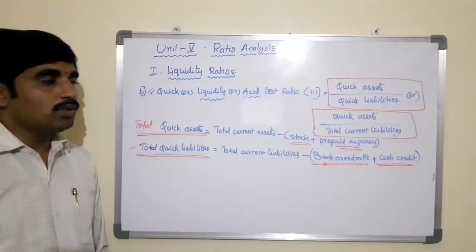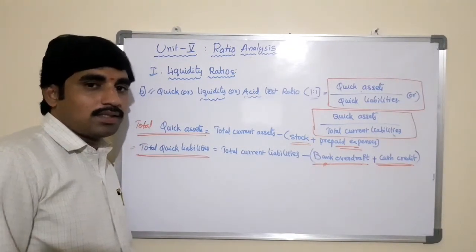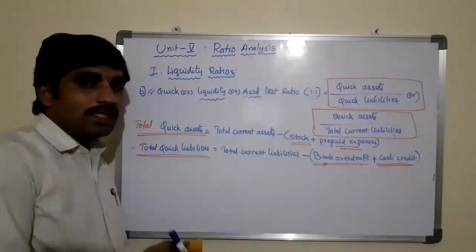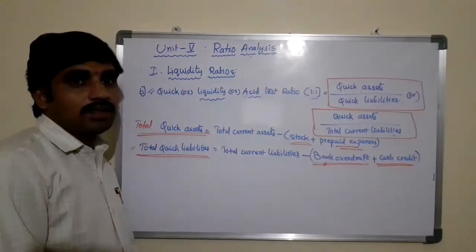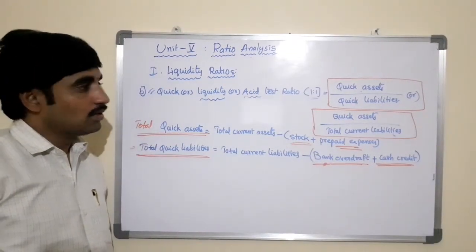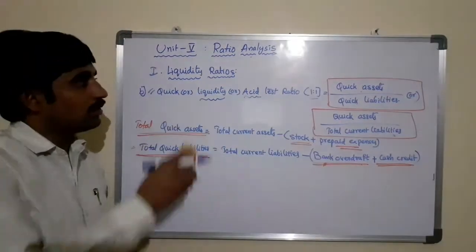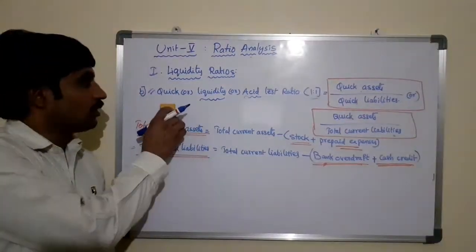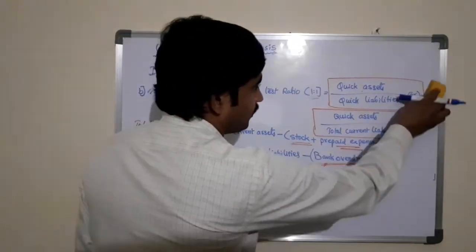So this ratio shows the liquidity of the business in real sense. Liquidity is the ability of the firm to meet the current obligations as they fall due. Therefore, you can apply this formula in order to know the liquidity position of the company according to the quick ratio.